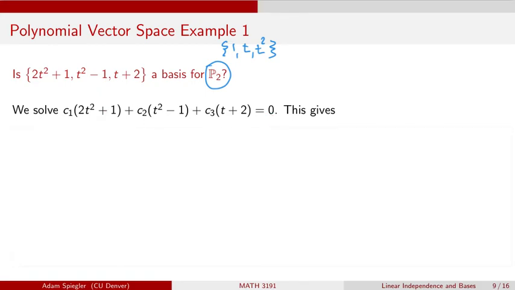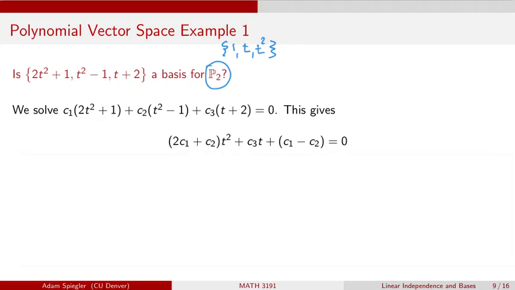For this vector space P2, the zero vector would be the zero polynomial. So we want to see what sorts of solutions we can get from this equation. We can group our terms using our operations that we've defined in this vector space.